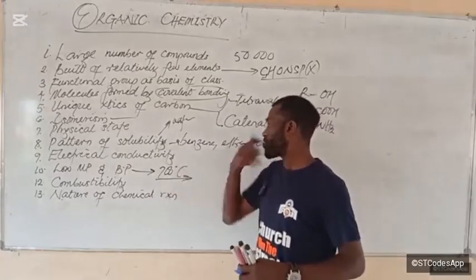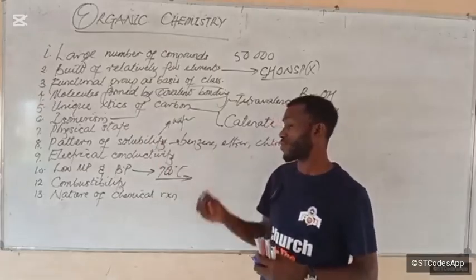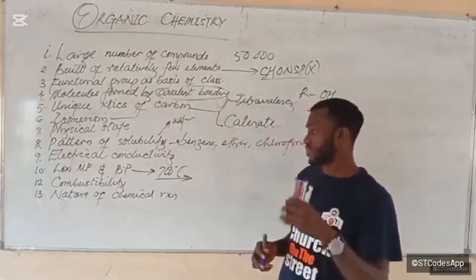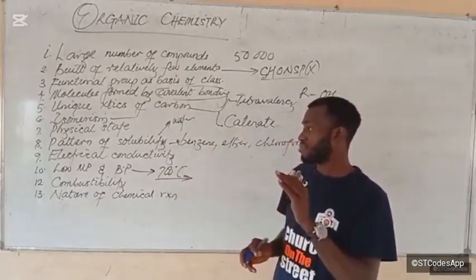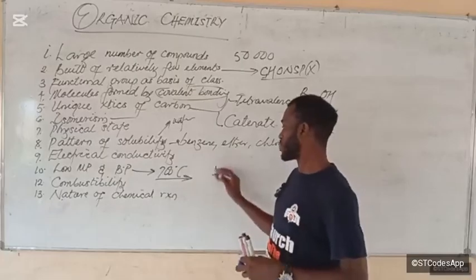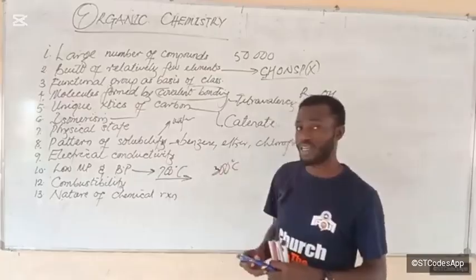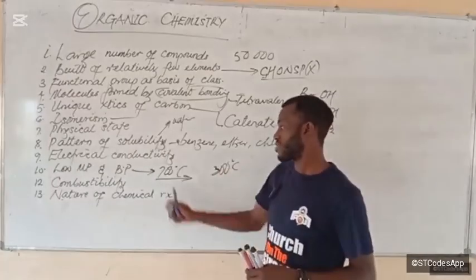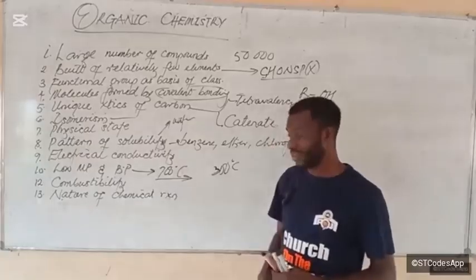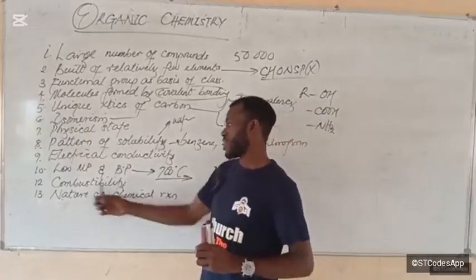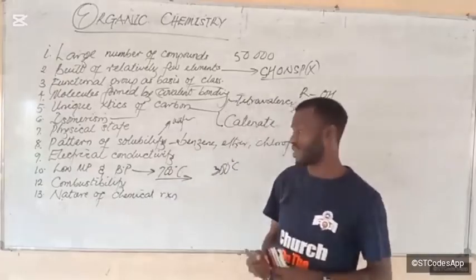But for organic compounds, rather, they mostly melt at less than about 300 degrees Celsius. That is true of most of the organic compounds that we have. So that is another unique characteristic.